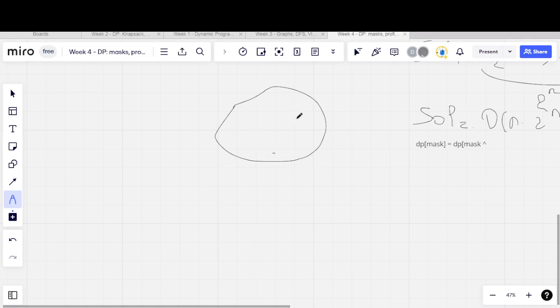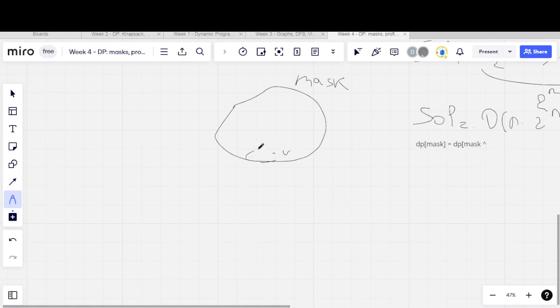We have some mask for these vertices, and we try to do a step. We consider some vertex v, and we try to include it in our mask.